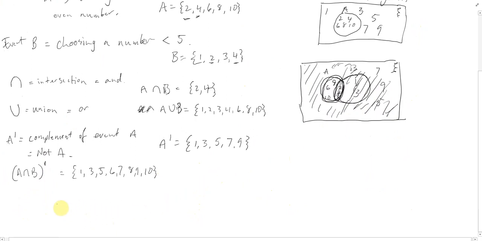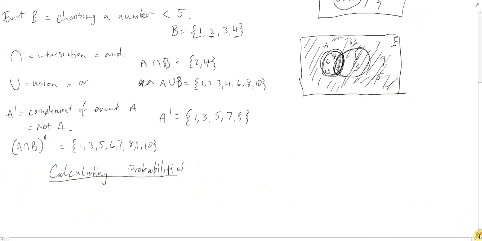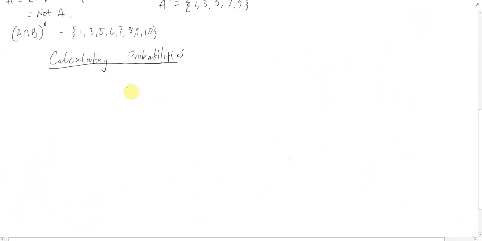Now on to actually calculating probabilities. When we calculate probabilities, what we're talking about here is when every outcome is equally likely. So here it was just as likely that I'd choose the number 1 as I would choose the number 7, for example.